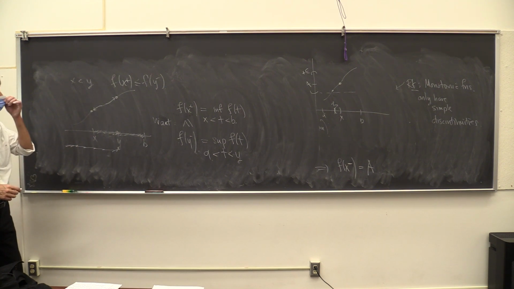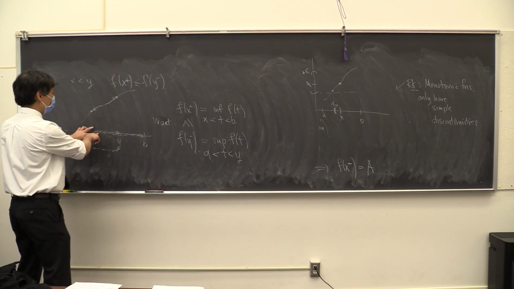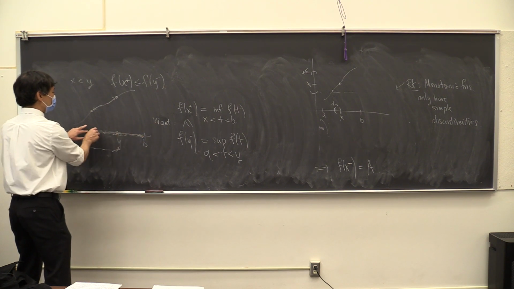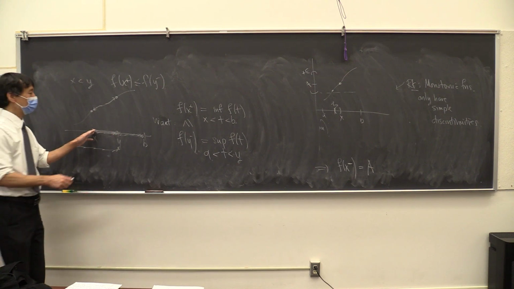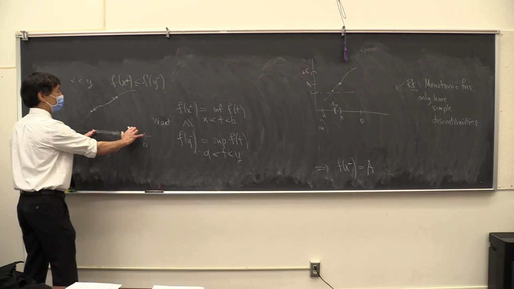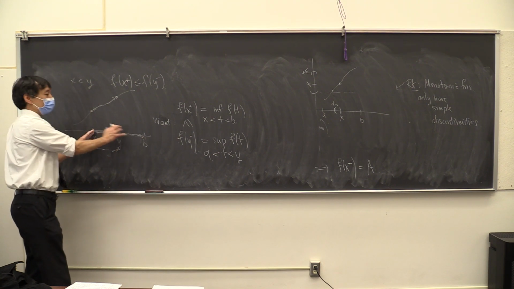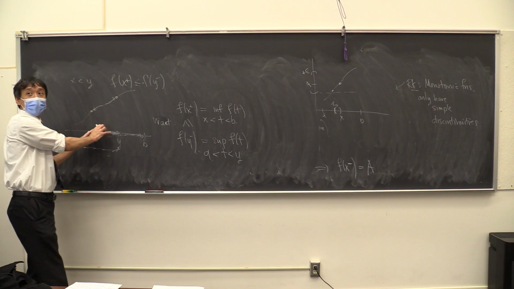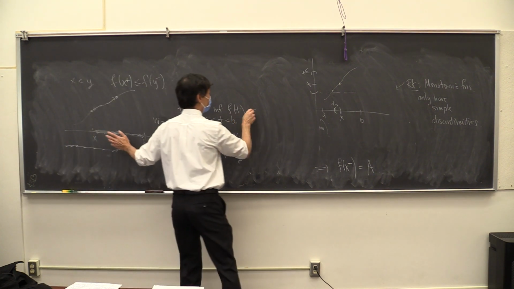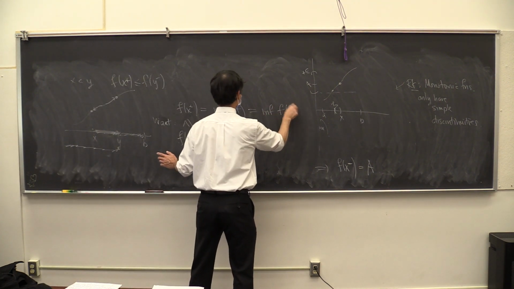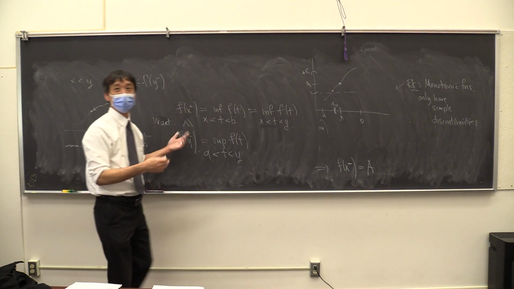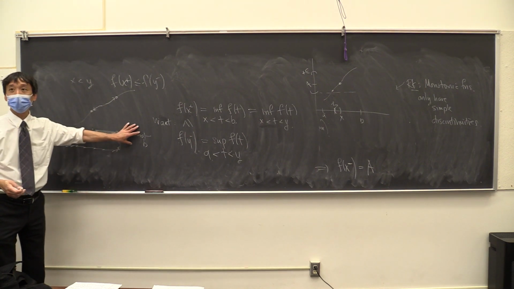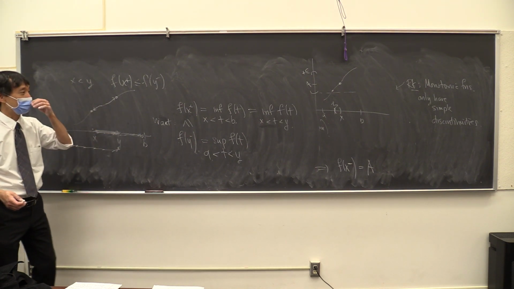But the infimum of these guys equals the infimum over this interval here, because these guys over here are greater than these guys over here. So throwing them out doesn't change the lower bound. So I can restrict this to just the values between x and y without changing the infimum, because values over here are bigger.